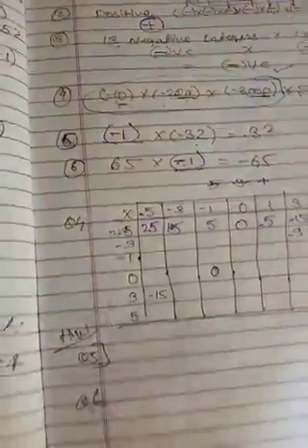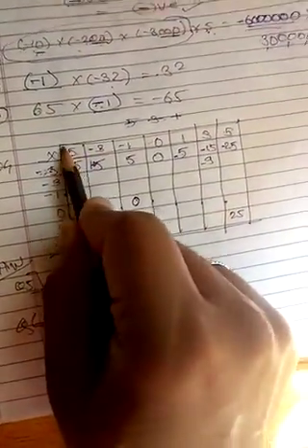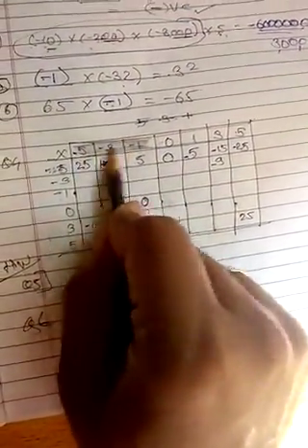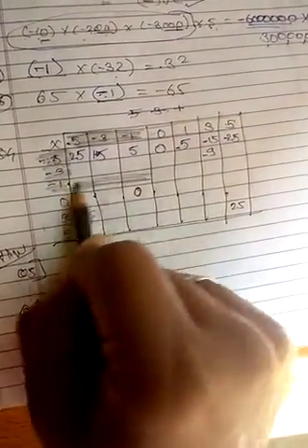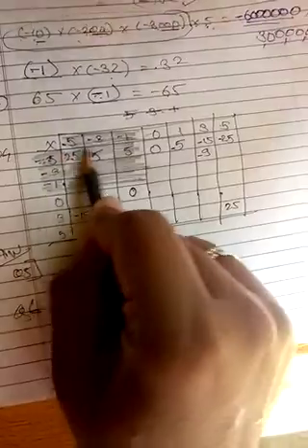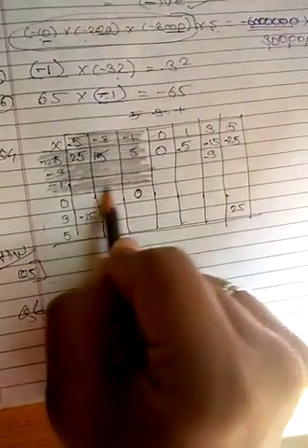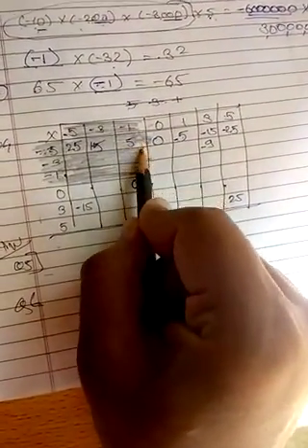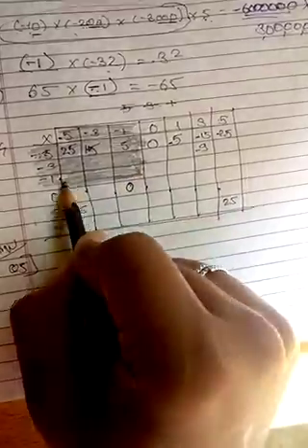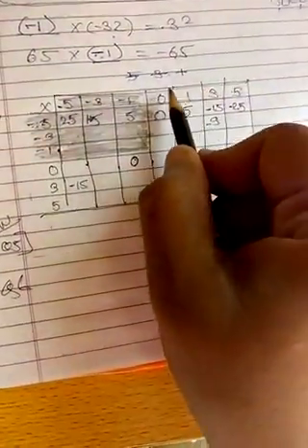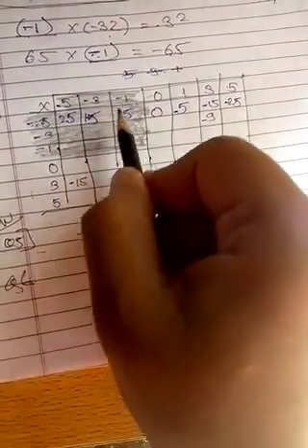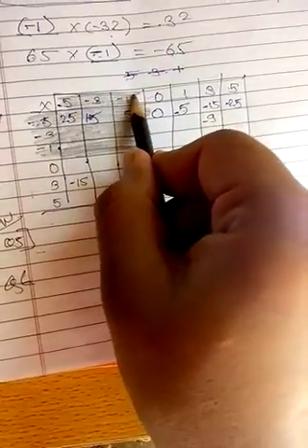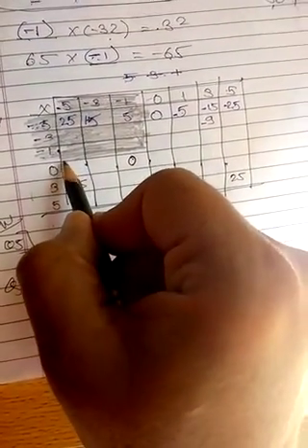So keep in mind, just wait 1 second. Let's see which numbers these are, the negative numbers which I am shading. Okay, so their products will all come positive. Which ones come positive? 1, 2, 3, 4 and this 1, 2, 3. So see, these negative numbers multiplied by this positive, here will come negative.